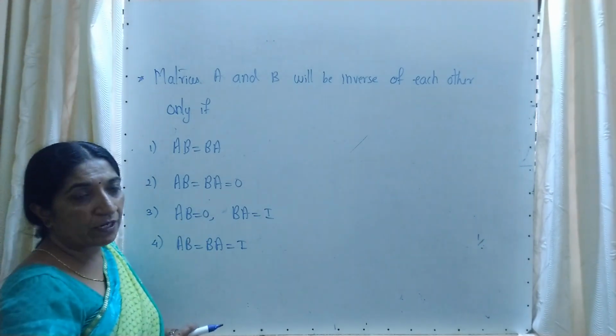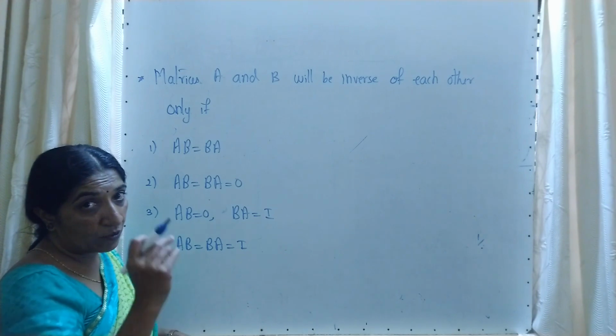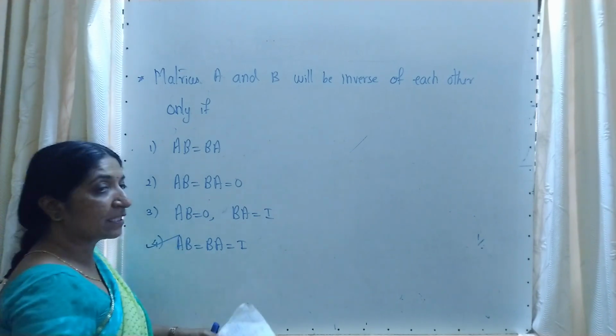The inverse will be found if AB is equal to BA is equal to I, then only we can find the inverse. It is a standard definition.